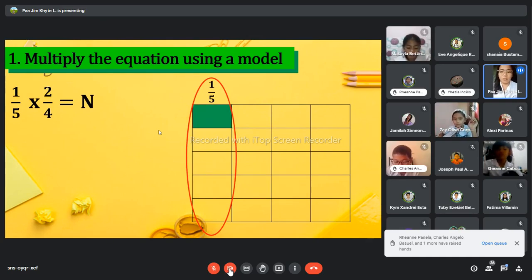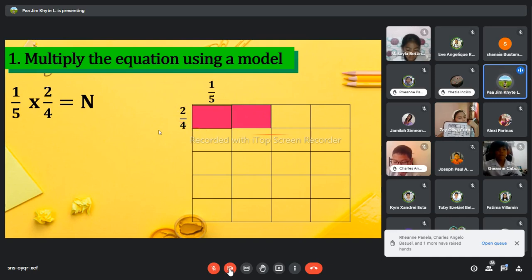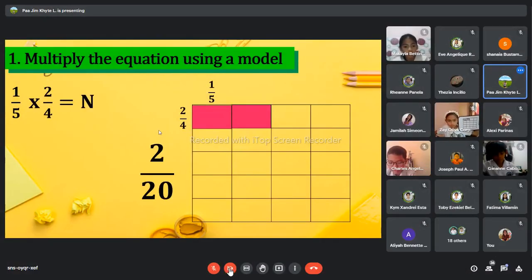So there is one shaded part out of 5. On this part, we will show the parts of 2/4, or 2 parts of 4. If we combine it together, this is our model. And if we multiply 1/5 by 2/4, it will become 2/20, or 2 parts of 20.